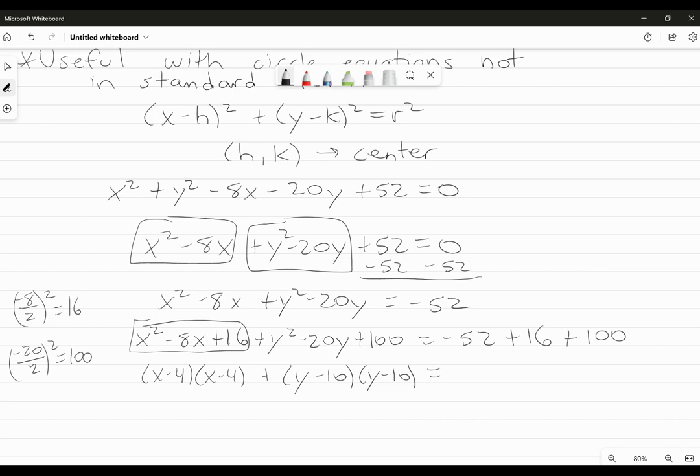Then on this side, you can combine your like terms. So you're taking -52 plus 16 plus 100. If you put that together, you should get 64.